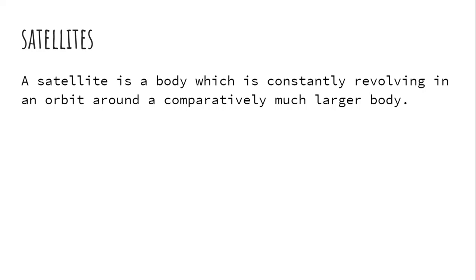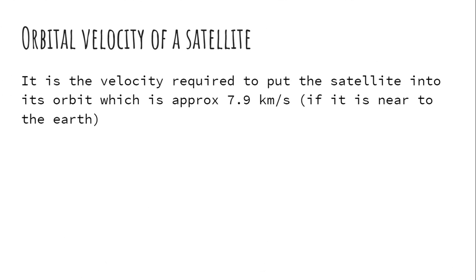Next, satellites. A satellite is a body which constantly revolves in an orbit around a comparatively much larger body. And I'm sorry that the rest of the slide is blank, but ignoring that, orbital velocity of a satellite. This is the velocity required to put the satellite into its orbit, and this velocity is approximately 7.9 kilometers per second if it's near the gravitational field of Earth.